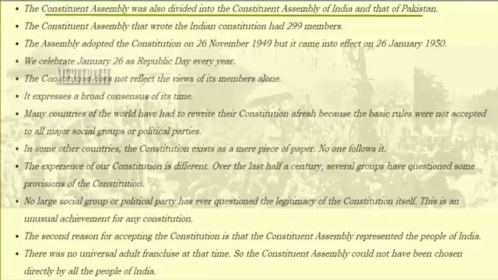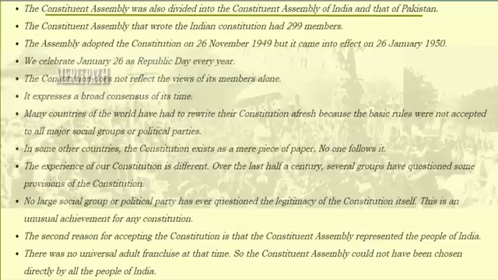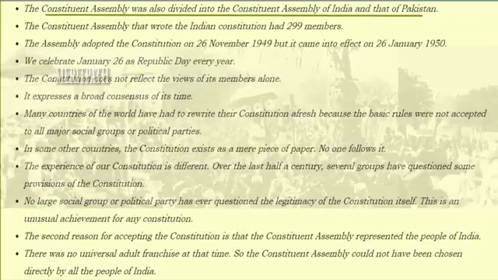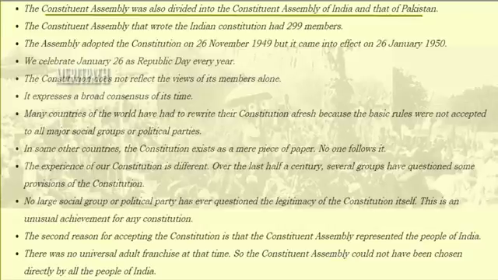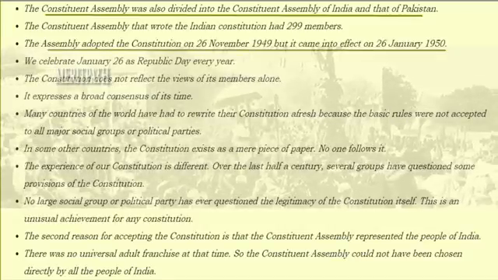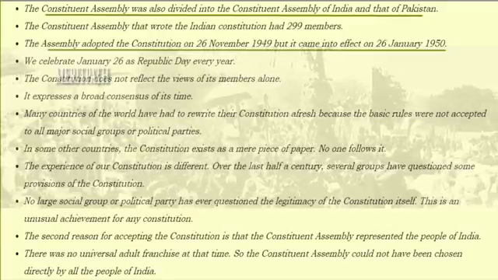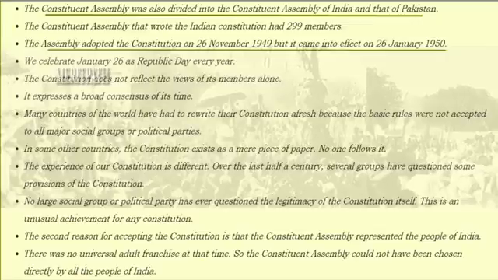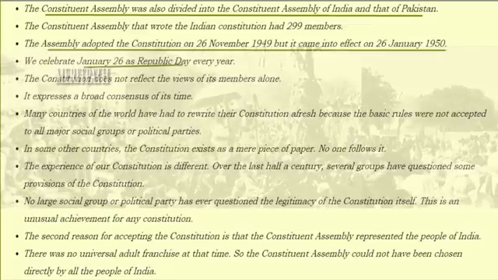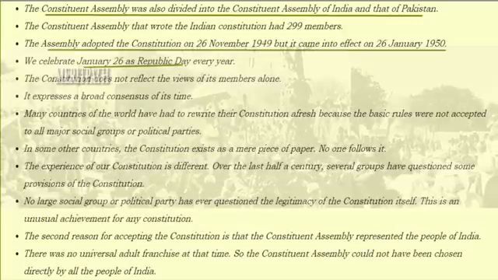So the Constituent Assembly was also divided into the Constituent Assembly of India and the Constituent Assembly of Pakistan. The Indian Constituent Assembly had 299 members. The Assembly adopted the Constitution on 26th November 1949, and it came into effect on 26th January 1950. Then 26th January every year came to be celebrated as Republic Day.